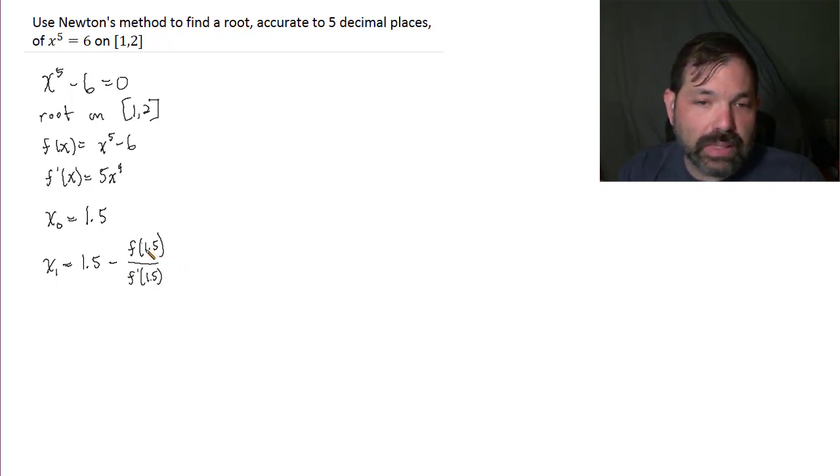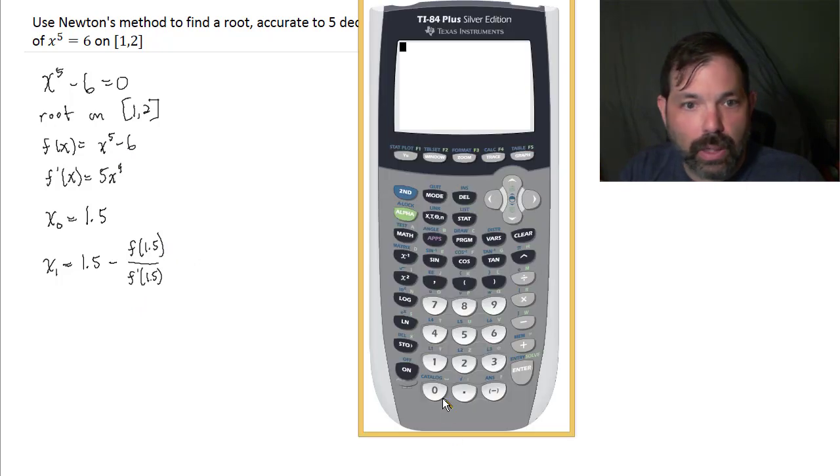Now, this isn't necessarily difficult if we have a calculator. We can certainly calculate these things. All right, let's see. Here's my calculator. If we put it all in one line, this would be 1.5, and then I'd have to subtract, in the numerator, 1.5 to the 5th minus 6.